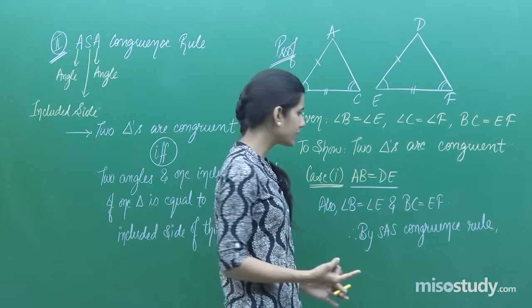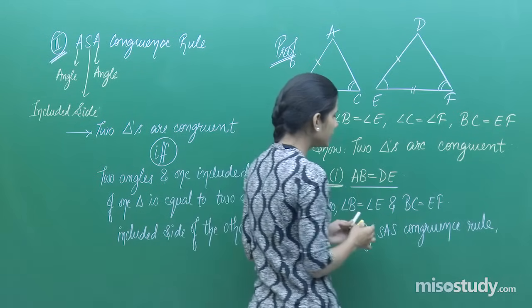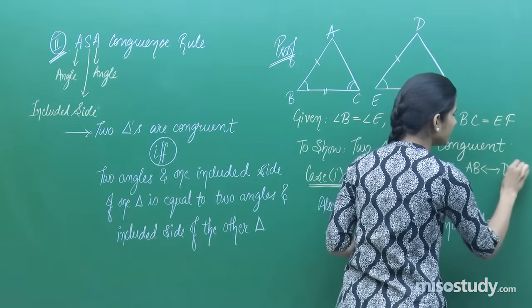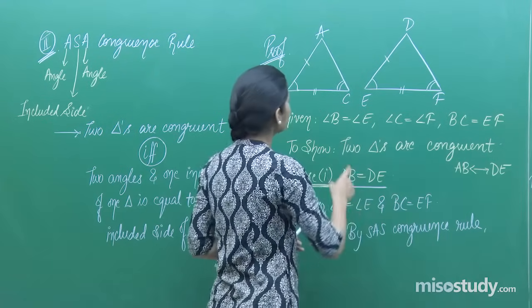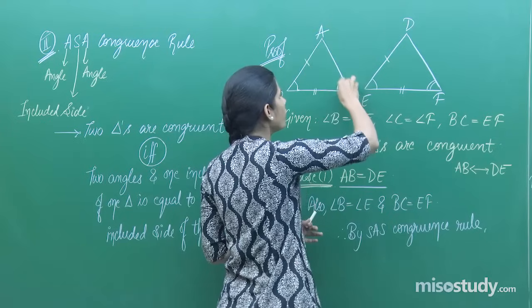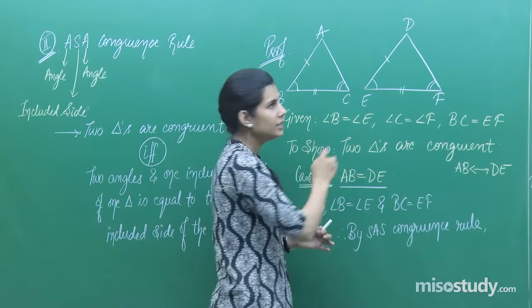In what fashion will I write it symbolically? See, AB is equal to DE, that means AB side is corresponding to DE side. That means when this triangle is superimposed over this, DE side will be falling over AB side.